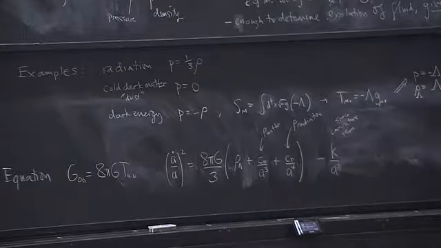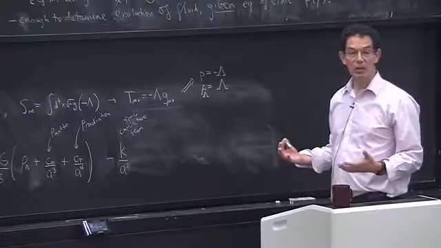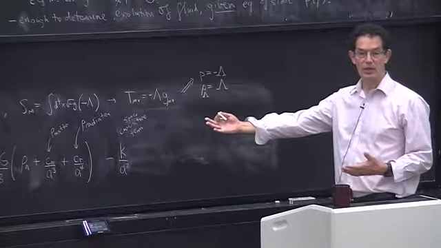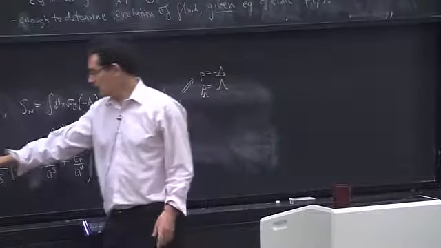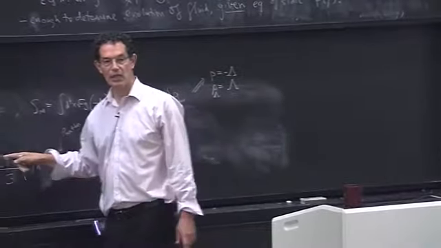Now we have this differential equation for A of t, the scale factor. And it's very easy to see what the general solution of that equation looks like. We just use our old trick of writing this as a kinetic energy minus a potential energy.